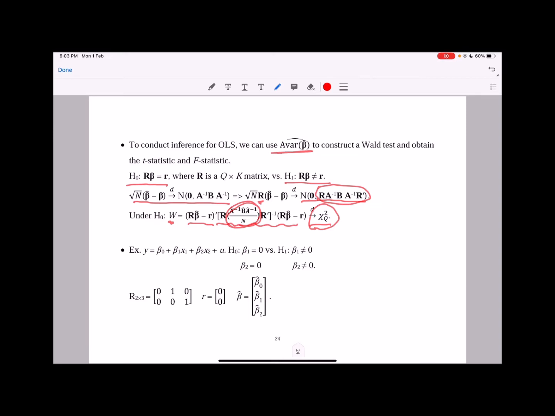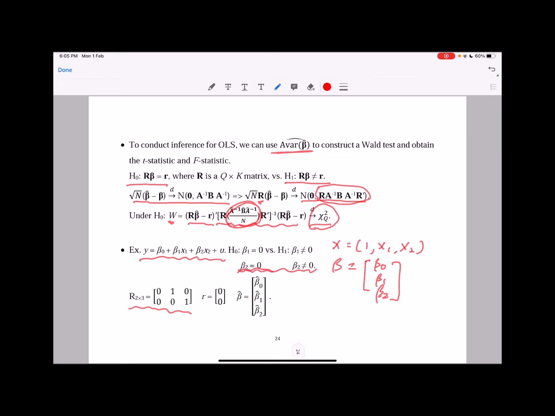Here is a quick example. Say we have a linear model like this, and we want to test the restriction here. How do we write down the matrix R? Well, first of all, the X vector is 1, X1, X2, and beta equals beta 0, beta 1, beta 2.